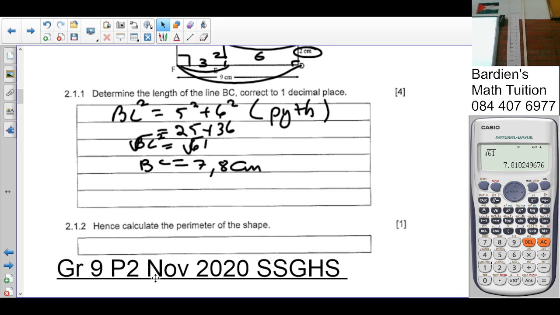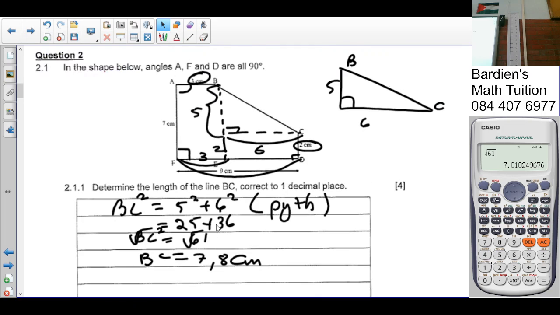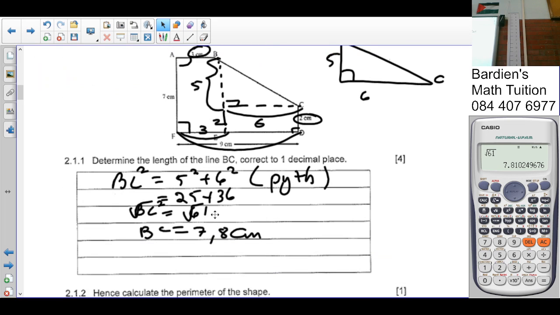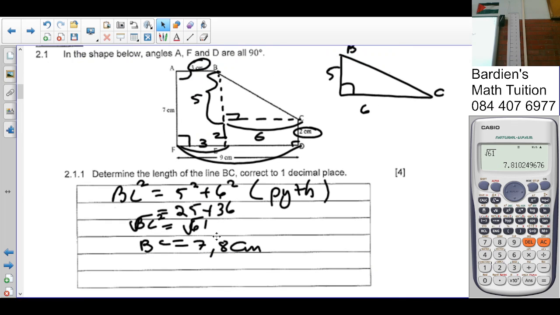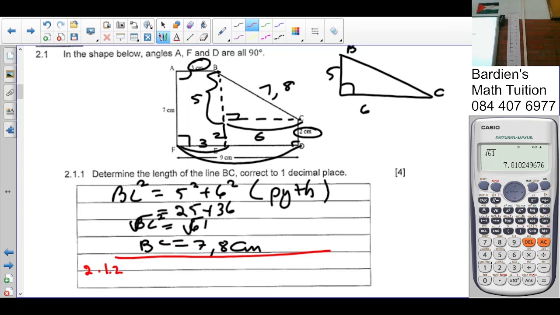Then the question says in 2.1.2, hence calculate the perimeter of the shape. So how do you calculate the perimeter? Just add up all the sides. Not so. I'm now going to give you 7.8. So the perimeter is going to be, if I start here, 3 plus 7.8 plus 2 plus 9 plus 7.